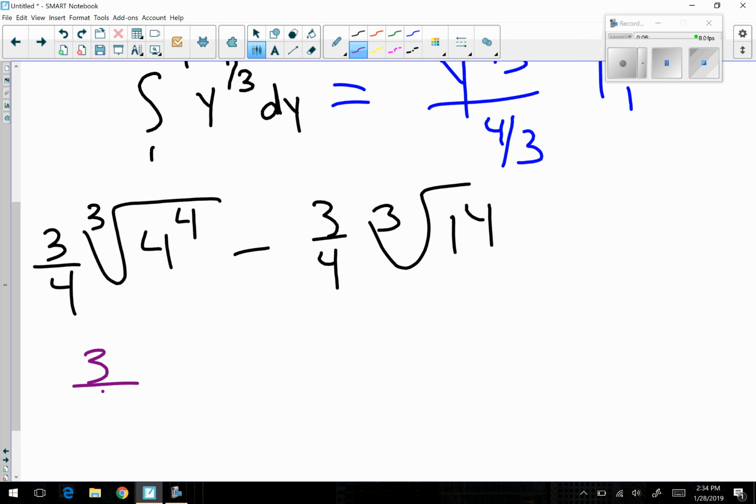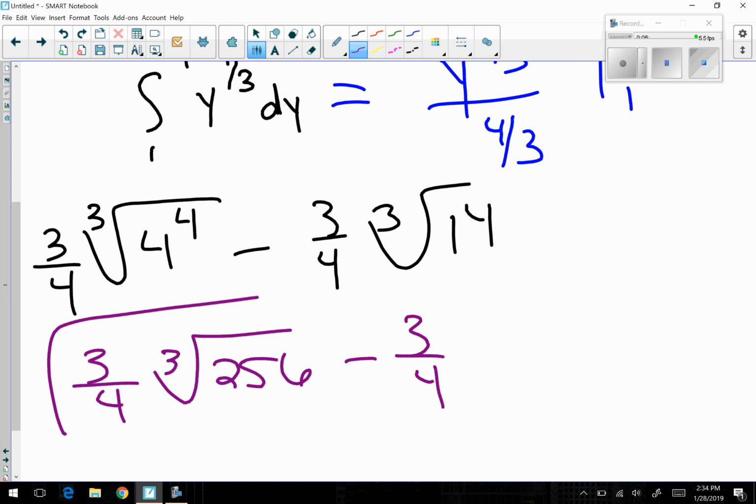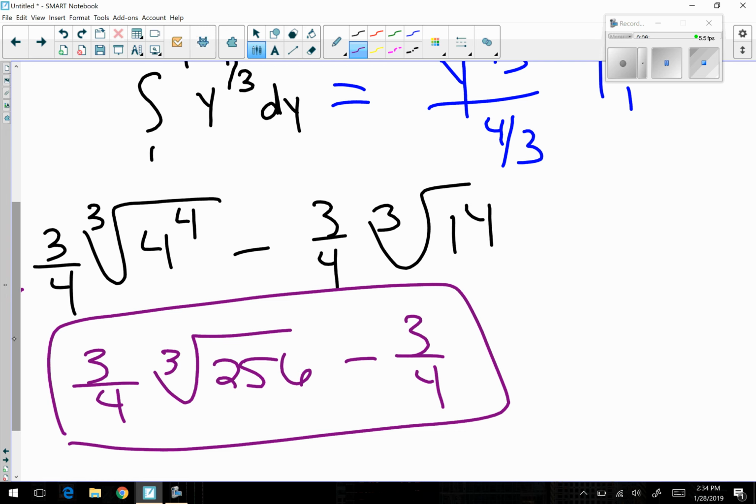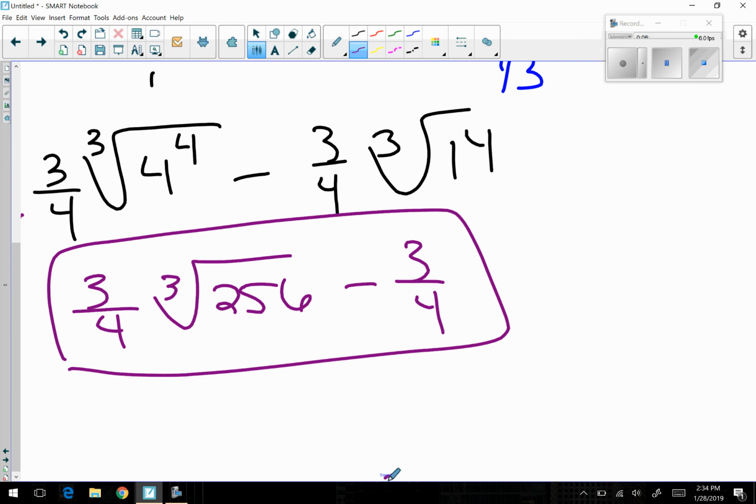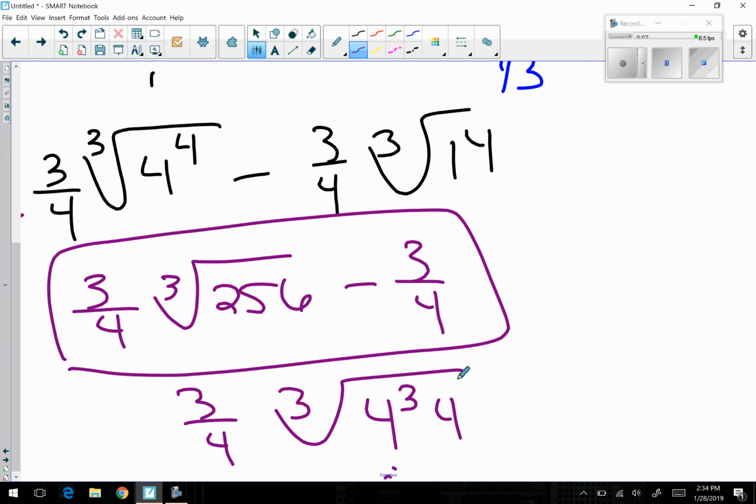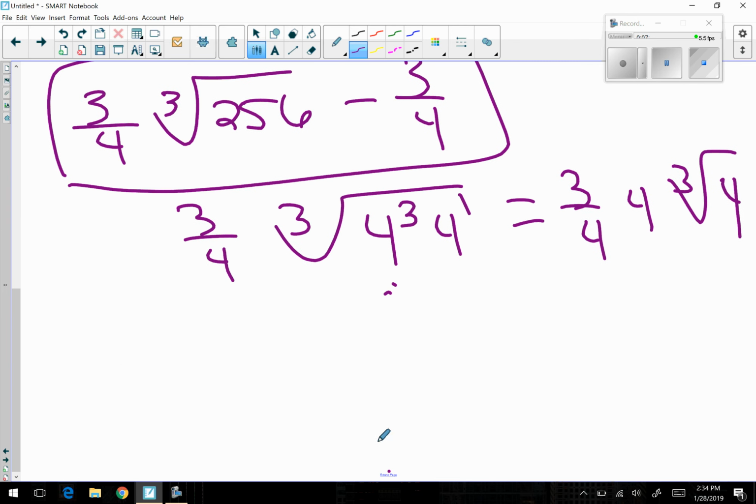We have 3/4 cube root of 256 minus 3/4. You can leave this as your final answer, but for those of you who are curious how we can simplify this, we can write 256 as 4 cubed times 4 to the 1, which means we can pull out a 4 times the cube root of just 4, which gives me 3/4 times 4 is just 3 cube root of 4 minus 3/4.